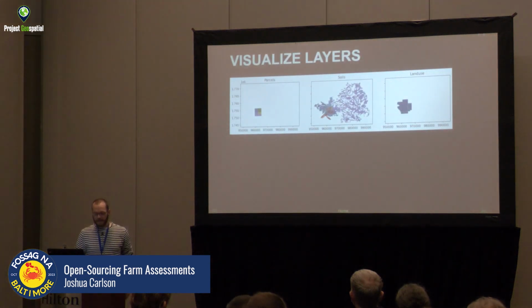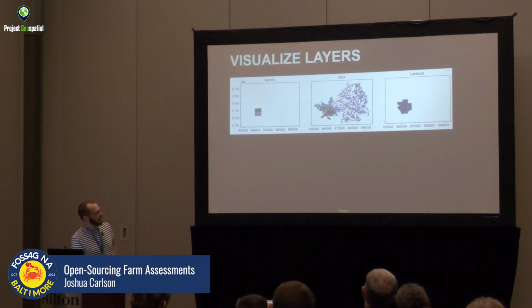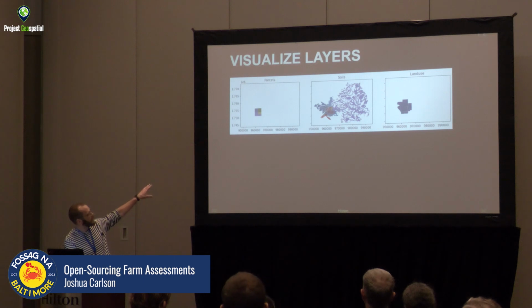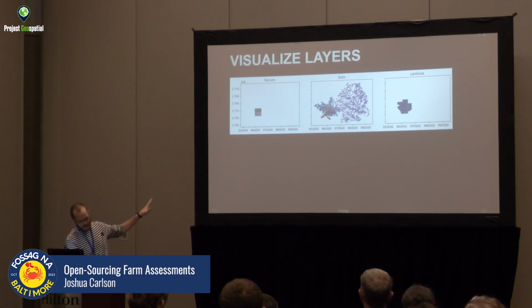But then I visualize the layers just so we can see that, yeah, we've got parcels, soils, and land use for that area. You can see the soils features can get quite complex and fun to look at. So I can see everything's here that should be.